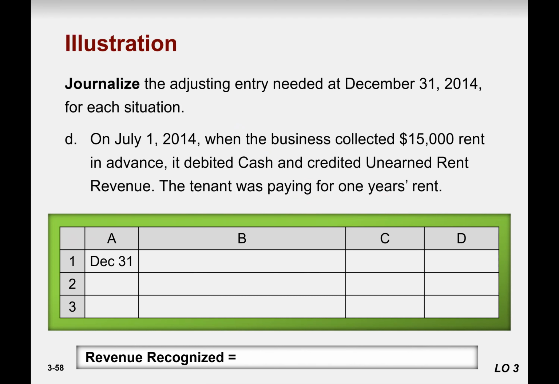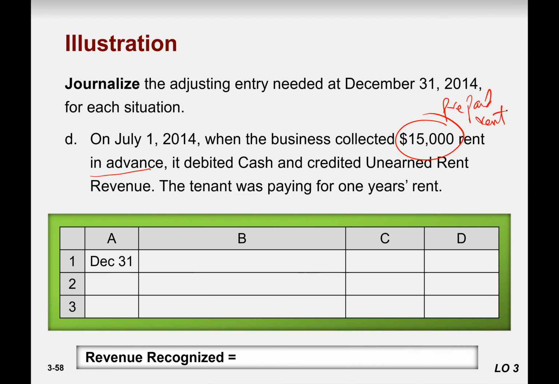Junpyo. On January 1st, 2014, when the business collected 15,000 rent, and that rent is in advance, which sector do we need to target? Remember, so many of you, when they see rent in advance, just say this is prepaid rent. It makes sense, it is prepaid rent.